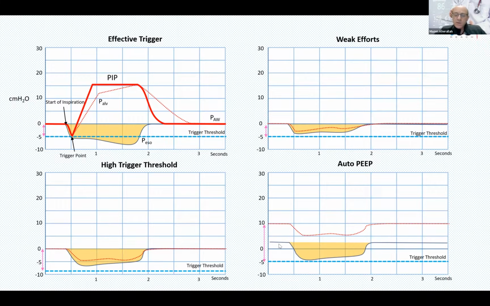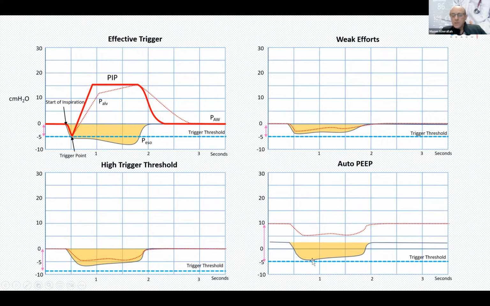And in order for the patient to trigger the ventilator, we need to drop that pressure to -5, meaning that the patient will need to exert so much effort in order to trigger the ventilator. He needs to overcome the auto-PEEP first, and then he needs to drop the pressure to -5 below the auto-PEEP in order to trigger the ventilator.